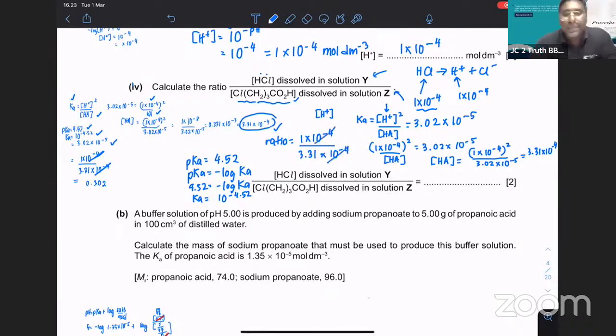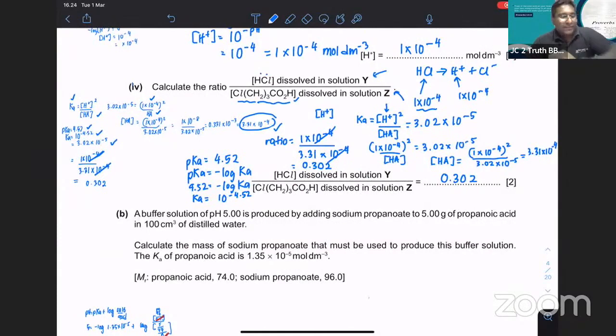Cancel, so it's 1 over 3.31. If you calculate, you are going to get 0.302, to 3 significant figures. So you just need to put 0.302 there, and that is going to give you the 2 marks.